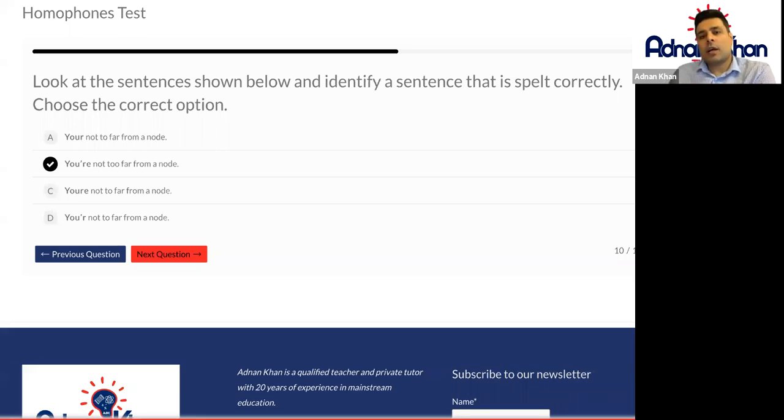So you all have to remember that when you're using these words, it's very, very common to make these mistakes because a lot of people, when they do text messaging and Snapchat and Facebook and Instagram, whatever you might do, it's very common to write in shorthand words.